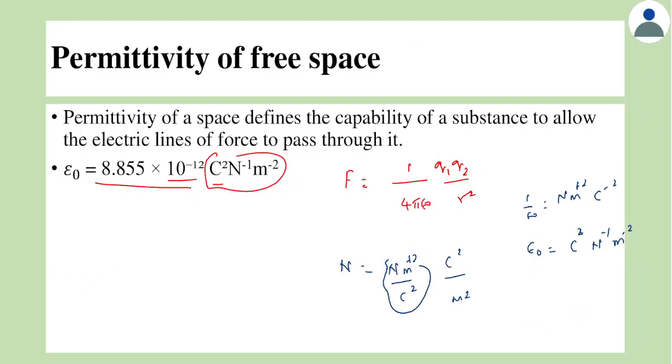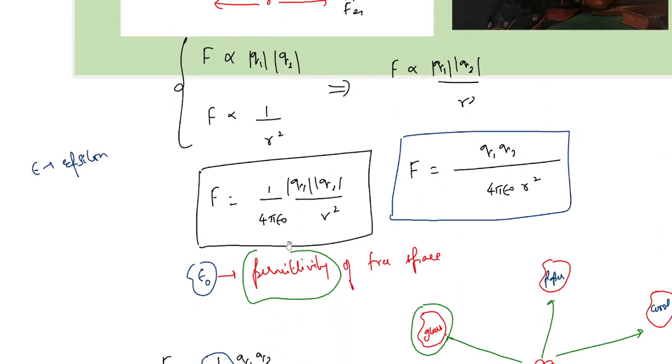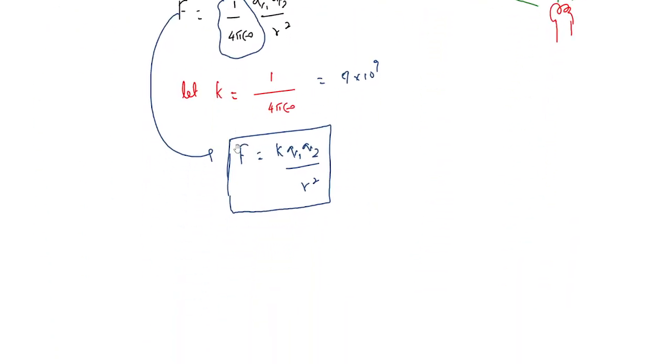So writing in vector form, we can write this F21 in vector form. Vector form means it will have both direction and magnitude. In this case, the magnitude is given as K Q1 Q2 by r square into direction. F21 was along r cap only, so it becomes into r cap.